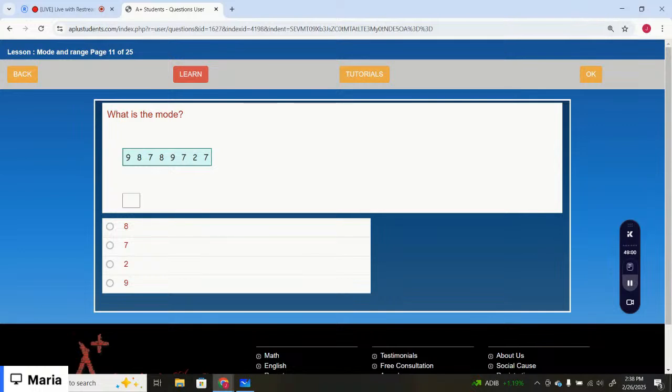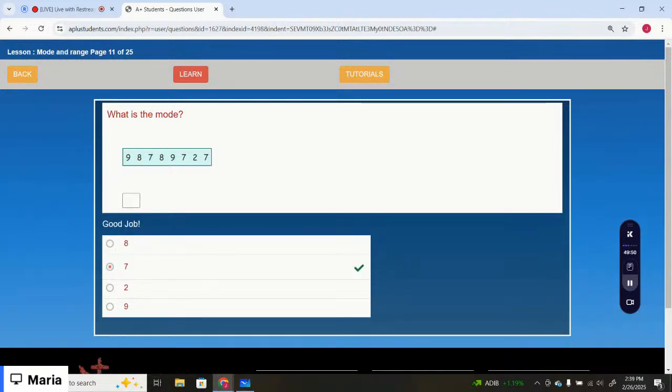What is the mode? The mode is 7. 7 is the number that appears the most in the given data.